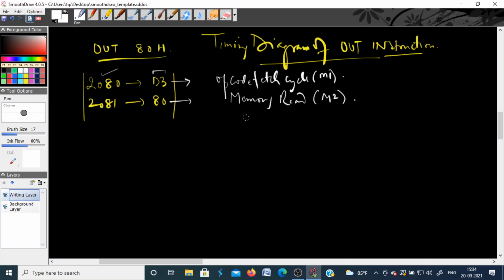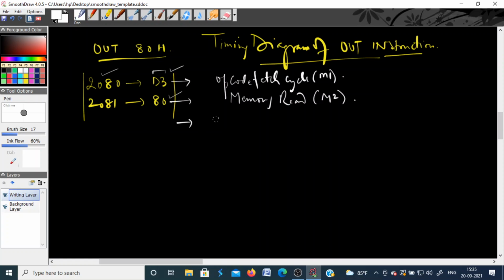So what is the next machine cycle? By using this 8-bit code, the processor only comes to know that it is a data transfer instruction and it is a 2-byte instruction. When the processor gets the next byte from the memory, in a memory read cycle, it is just a port address.